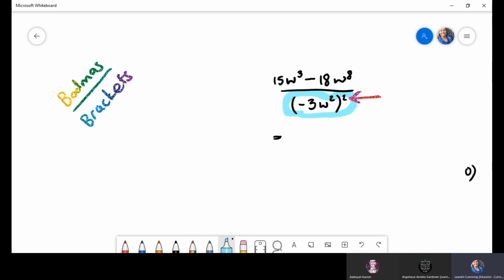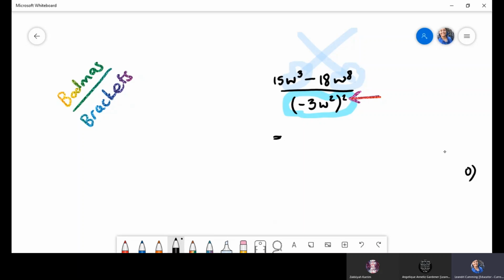Once I've already assessed my numerator, I can see, okay, great, these are not like terms, so I will not subtract. But let me now first look at my denominator. My denominator needs to be simplified now.